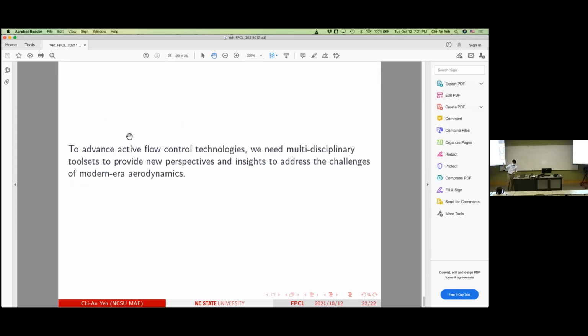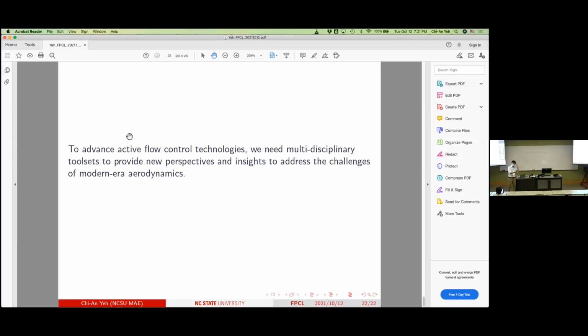Last slide. I'm here today to give you a bit of flavor about how we are engineers. We know things from an engineering perspective, but there are many tools we haven't really gotten used to. Network science is probably one of them.